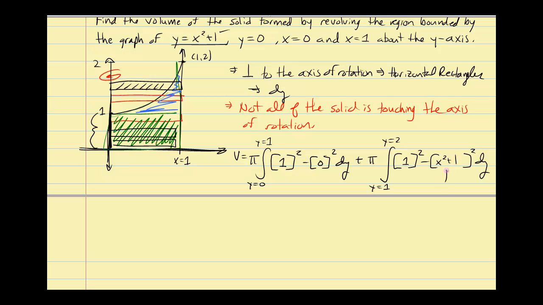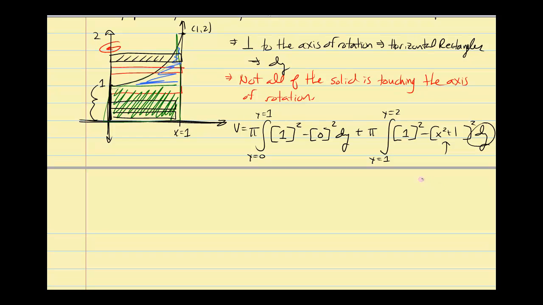But we don't want this in terms of x because I'm working in terms of y. So let's take y equals x squared plus 1 and solve. I get x squared equals y minus 1, take the square root of both sides, plus or minus root y minus 1. Now which one do I use? Do I use the plus or the minus? Well, x in this particular case are positive values, so I'm going to use the positive root.